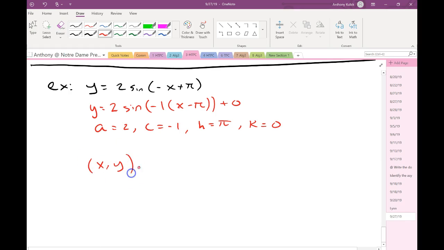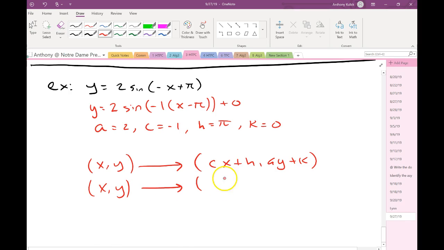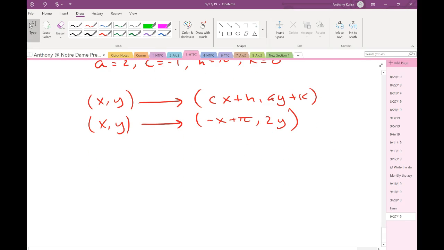I'm now going to use my transformation map. So when I fill in my values for C, H, A, and K, I have this as my map, and I'm just now going to apply this to the key points for, in this problem, sine, because what was the problem?